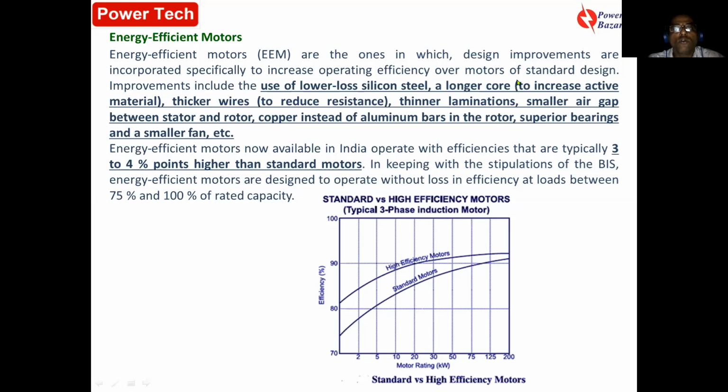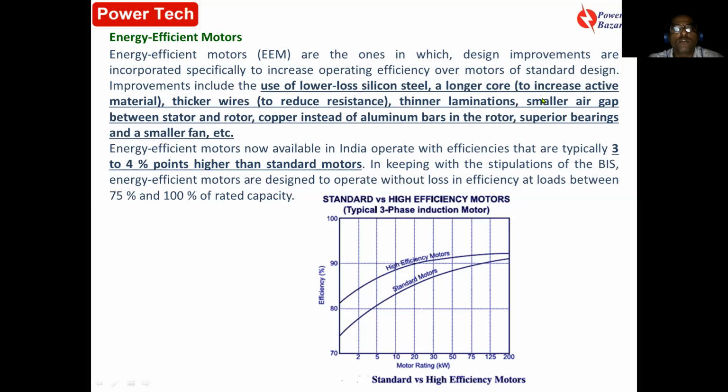And a longer core will increase the active material. When you increase the active material, the flux density will reduce, and you will have lower magnetizing current. Thicker wire will reduce resistance, so I square R loss will reduce. Thinner lamination will reduce eddy current loss.